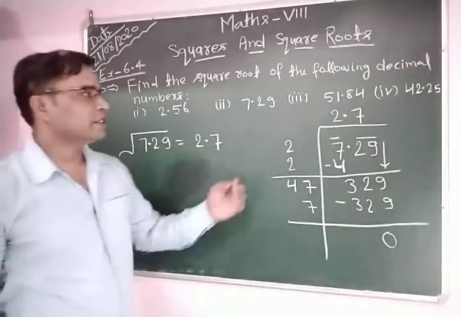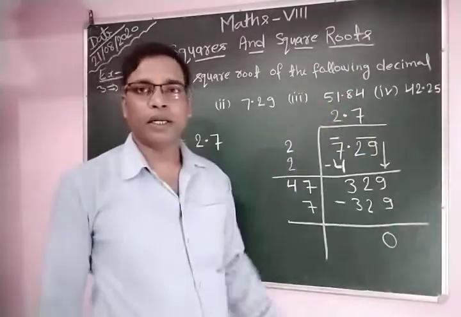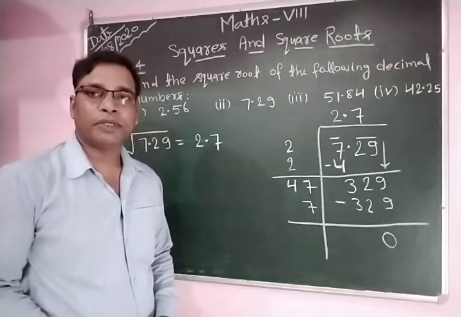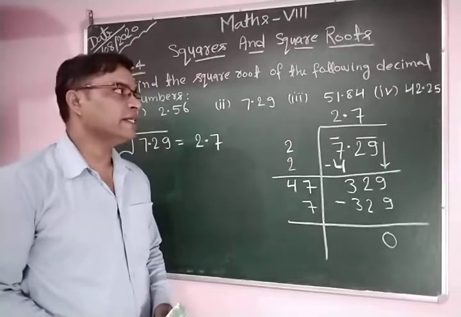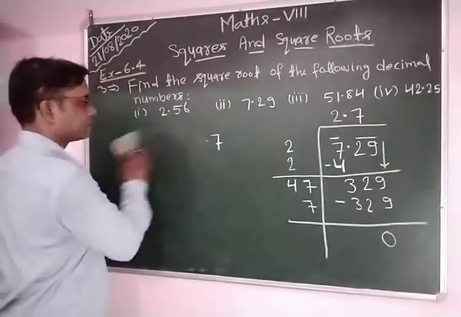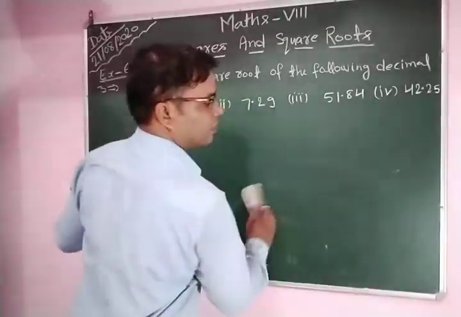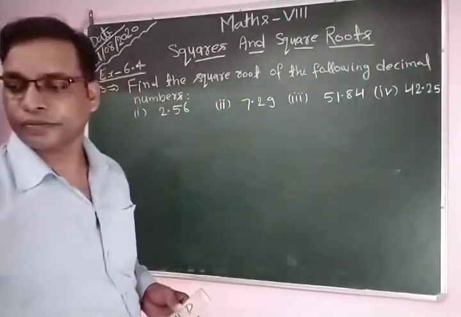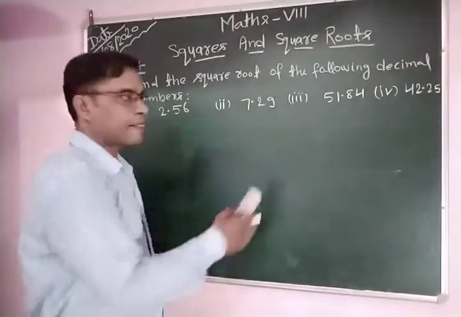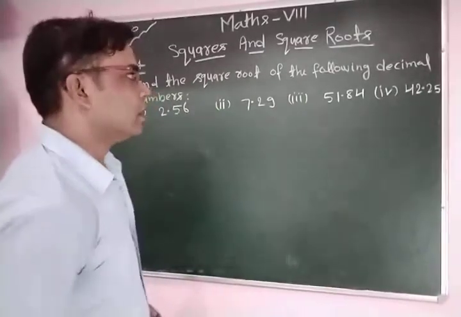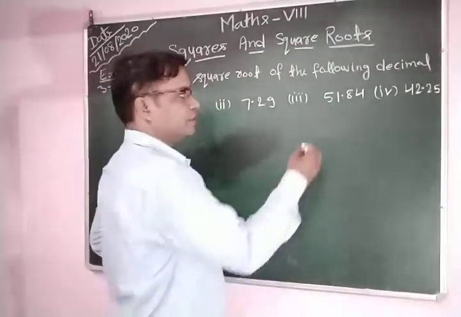Now the next part, this is equal to 51.84. So let's see how to find the square root of 51.84. This is the third part of this question.